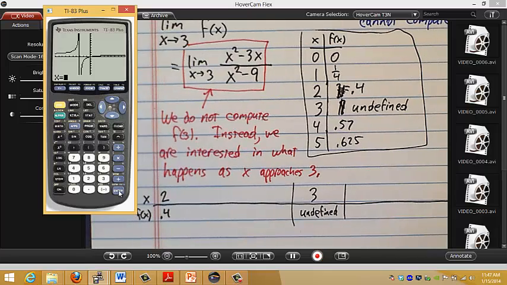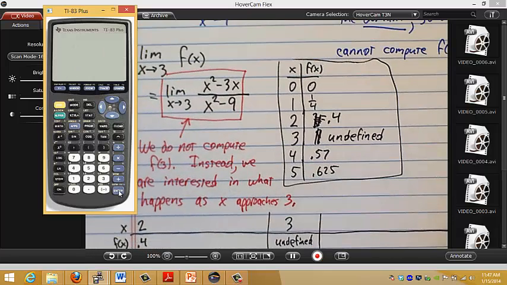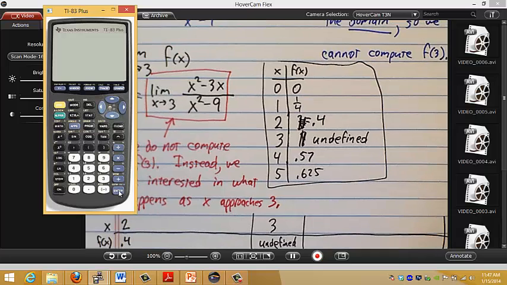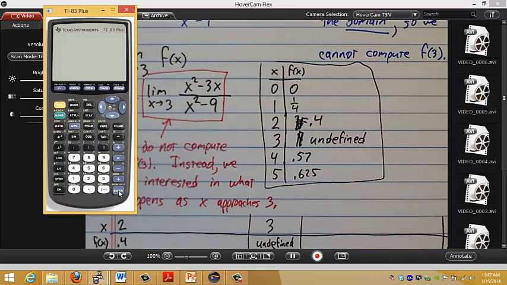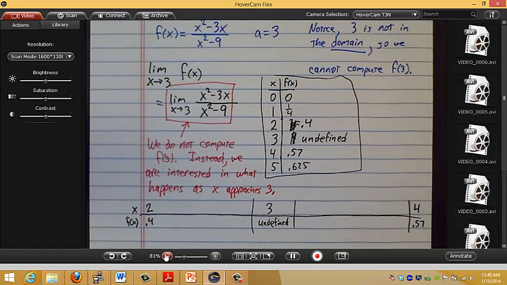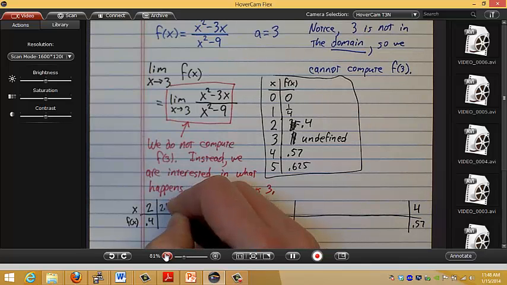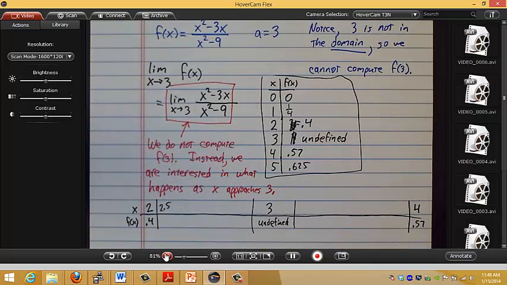So I guess what I'm interested in is what happens in between those values, in between x equals 2 and x equals 4. So I'm going to take a value a little bigger than 2. Why don't I take 2.5? Let's compute what that is.